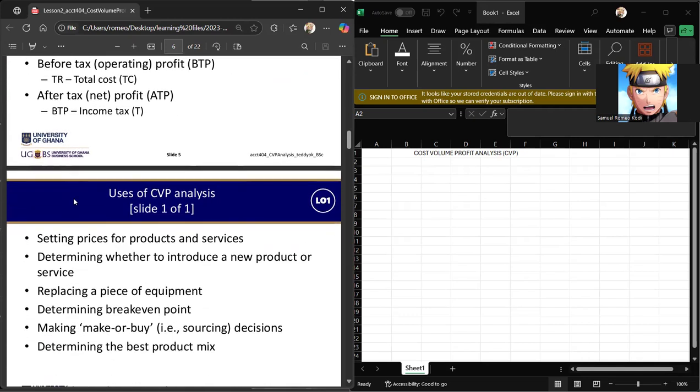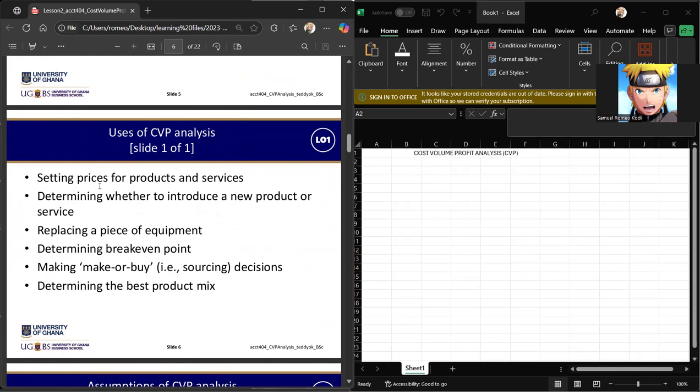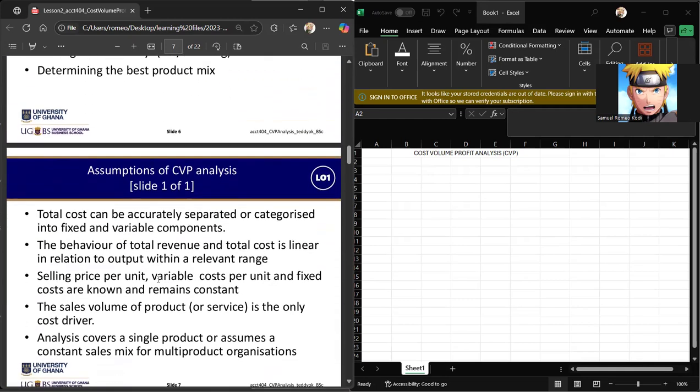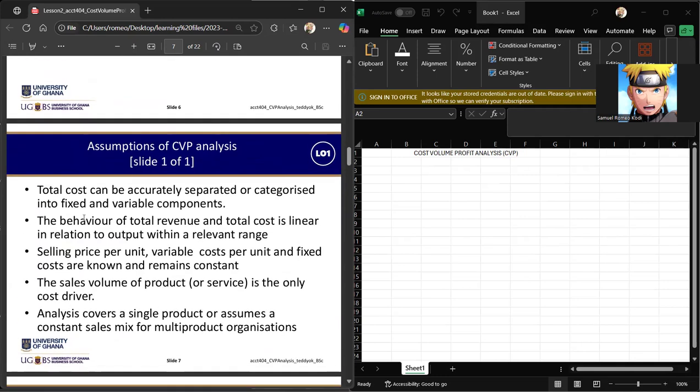Let's see the uses: setting prices for products and services, determining whether to introduce a new product or service, replacing a piece of equipment, determining the break-even point, making buy or sell decisions, and determining the best product mix. Now the assumptions: total cost can be accurately separated into fixed or variable components.